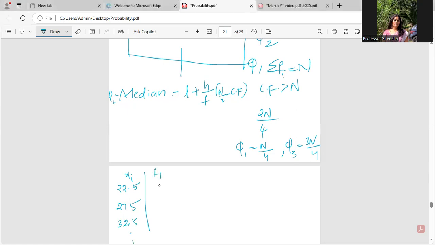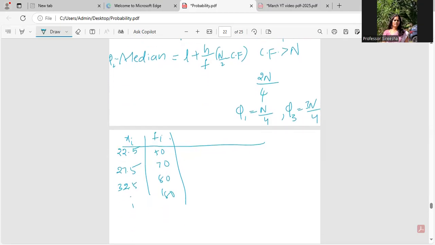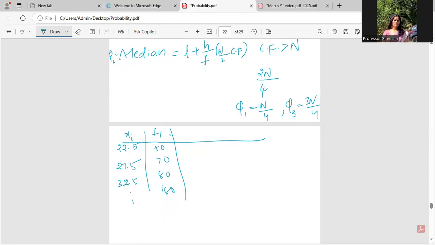I also have the frequencies fi. What are all the frequencies given in the problem? 50, 70, 80, 180, 180, 150, 120, 70 and 50.